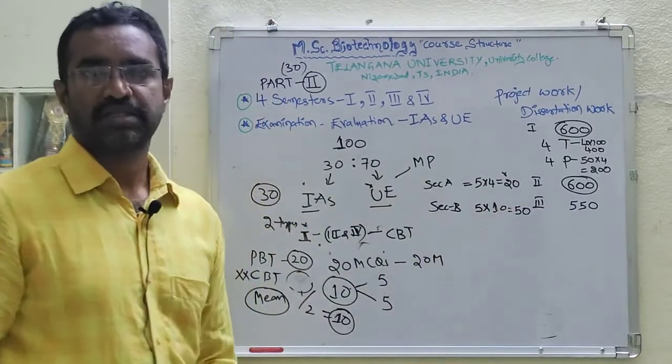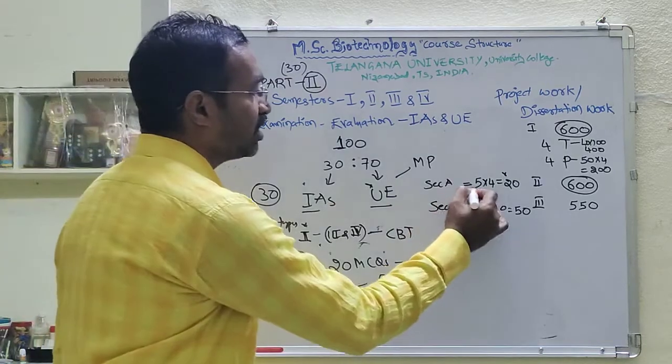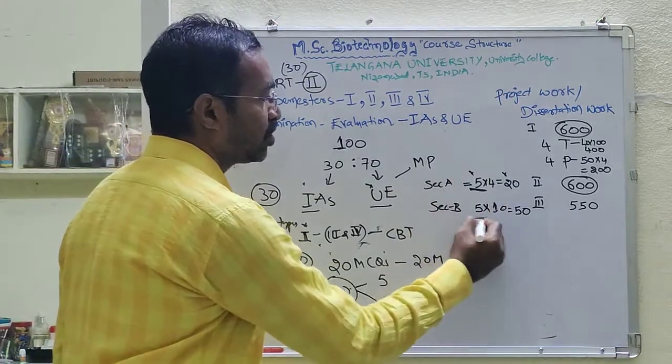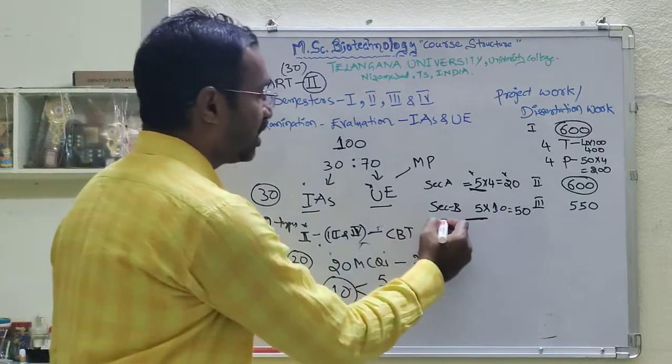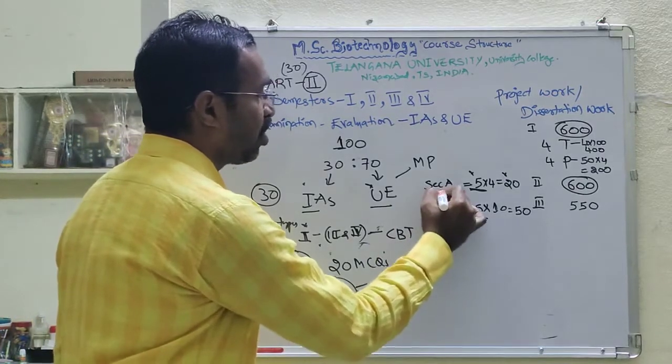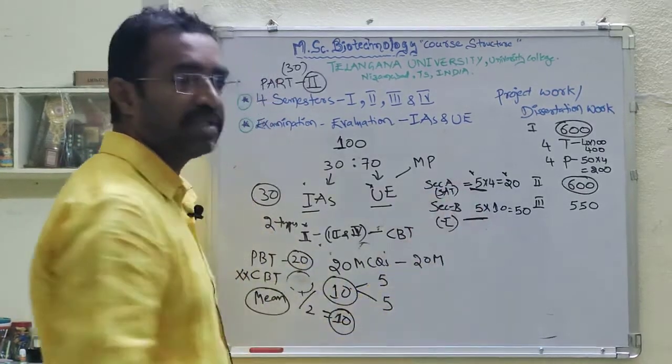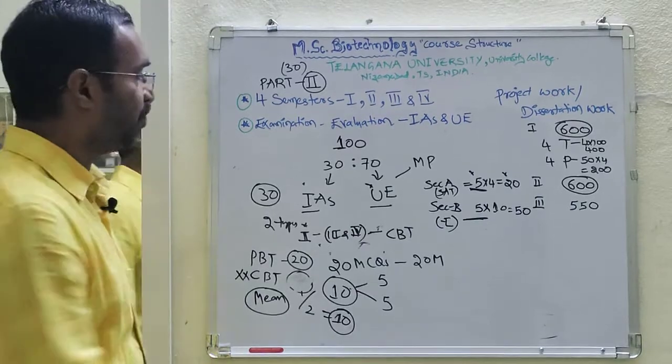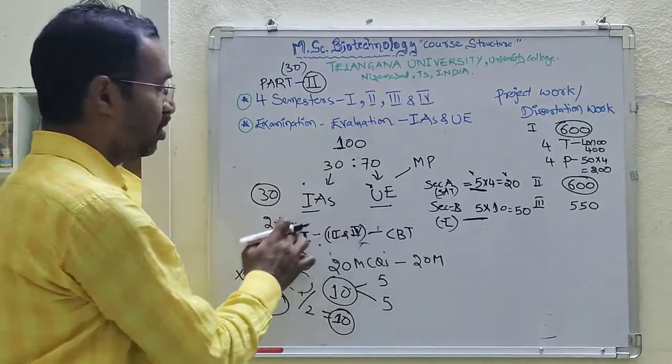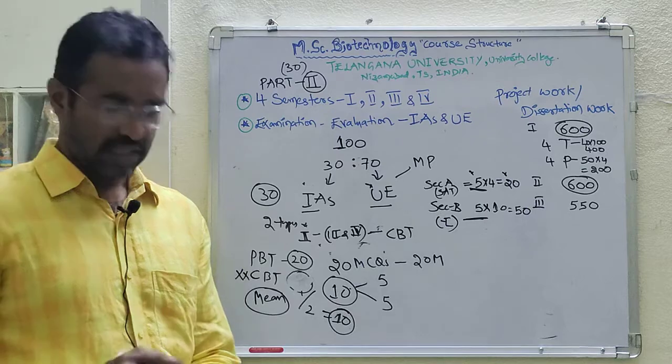So the total is 70. There is no internal choice in section A, but there is internal choice for the essay. These are the essay type and these are the short answer questions. These are the details of the model papers of the university exam and of the internal assessment.